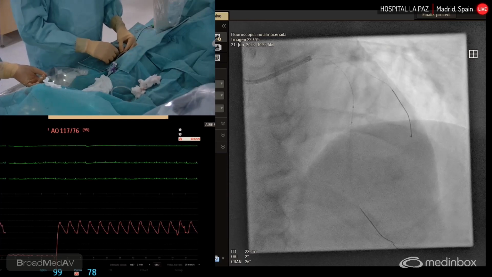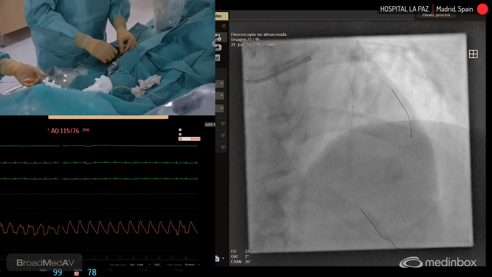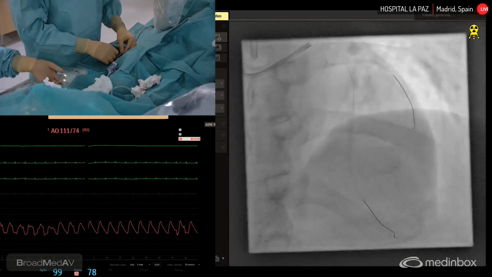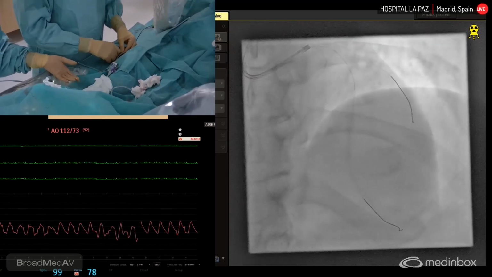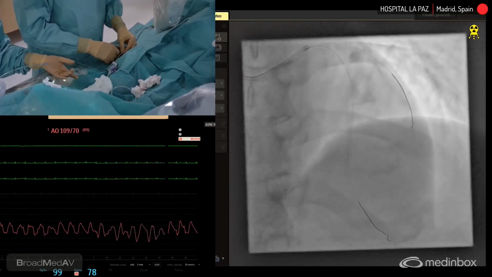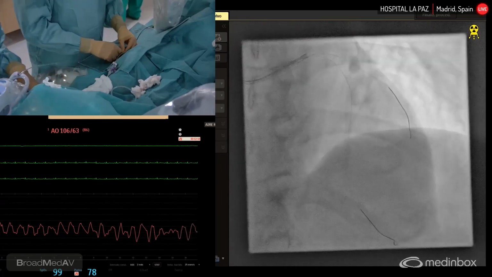And probably they have more flexibility, more deliverability, but probably a little bit less radial strength and a problem of visibility, but they are quite good in almost every scenario.